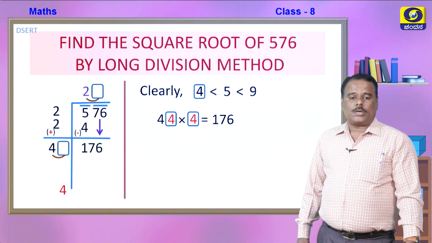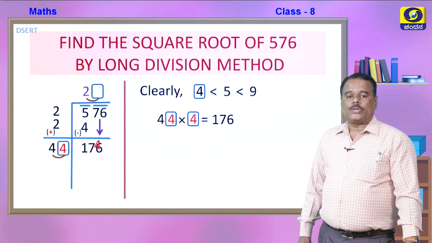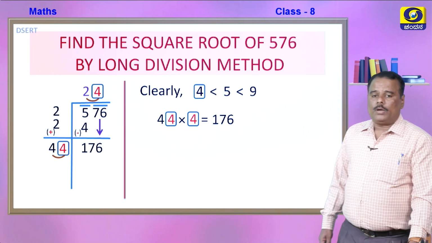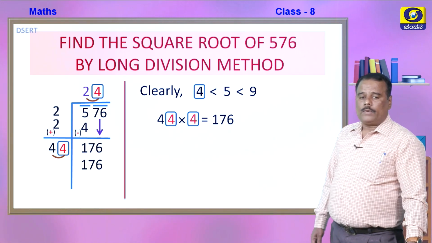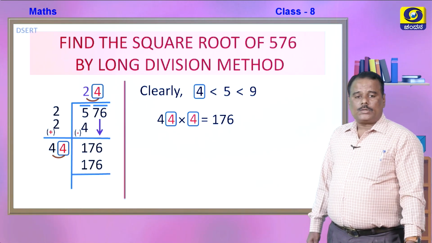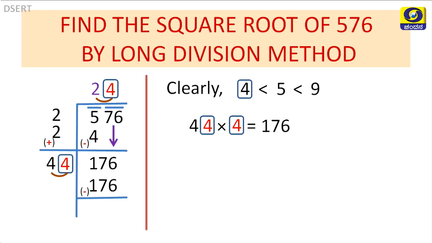So just write that 4 here, the same 4 here also, multiply 44 with 4 to get 176, subtract this 176 from 176, and we get 0. This process is continued till we get 0. Here we got 0, and the number written in the place of the quotient is the square root of the given perfect square number. So the square root of 576 is 24.